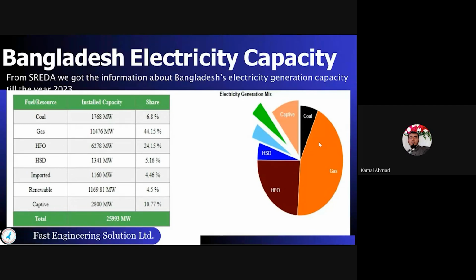They are importing, and for this import we need highly expensive installation equipment and our foreign reserve. So we will have to use it in a very efficient manner. Okay.